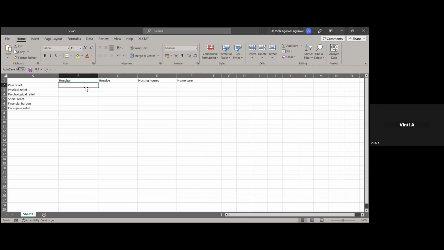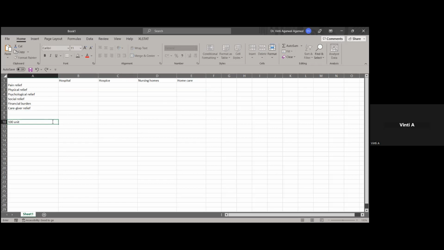So one way I could do it is a rating. Let's say I give 5 to this, 4 to this, 3 to this, and 1 to this. This is one way of doing it because I have compared. The other way, and it's not a very popular scale, is that the patient is given 100 rupees or 100 units.